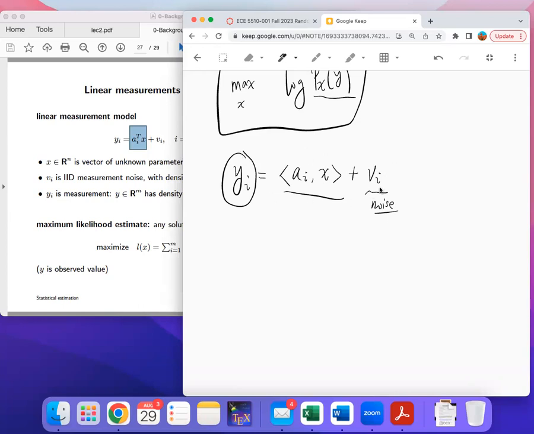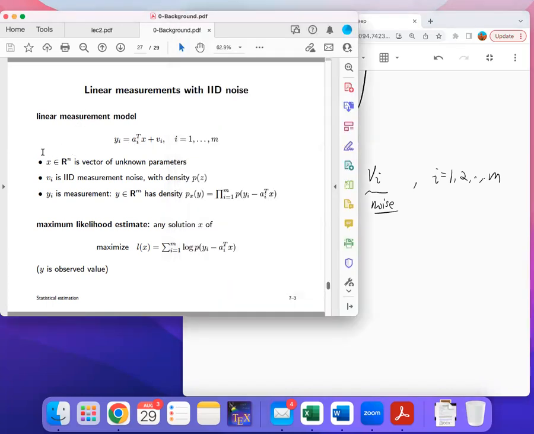Okay, and we have a set of such measurements. So this i can range from 1 to m, let's say. Right? Maybe we are measuring the object at many different frequencies. So different ai corresponds to different measurements. Right? So in this equation, X is the vector of unknown parameters that we want to learn, we want to infer. vi is the IID noise.